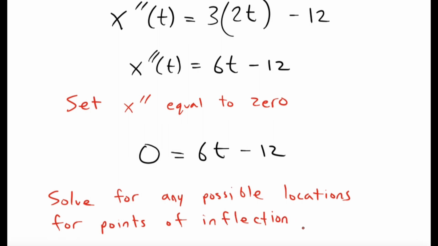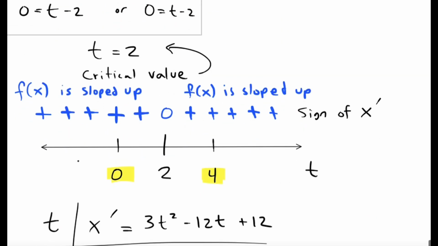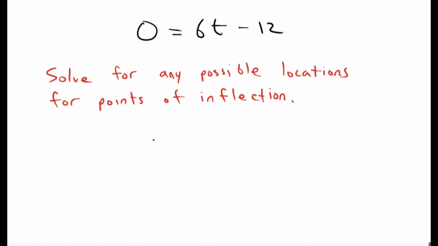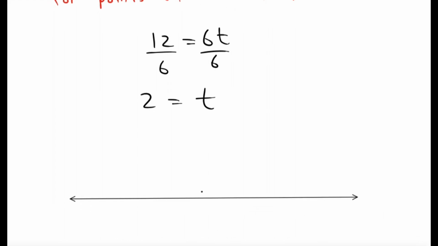The second derivative tells us about the curvature of the original, whereas the first derivative told us about the slope of the original. So let's solve this. We'll get 12 equals 6t. t equals 2 is a possible location for the point of inflection. Now, just like with the first derivative test, what we can do is make a number line for different values of t, and then pick some that we want to plug in around that time.